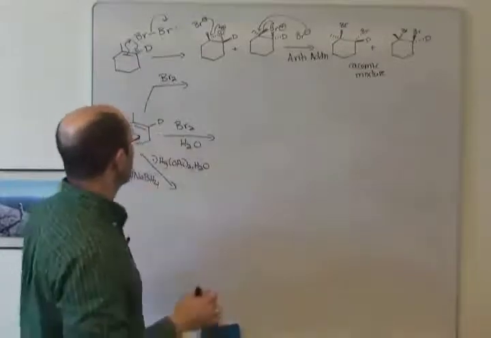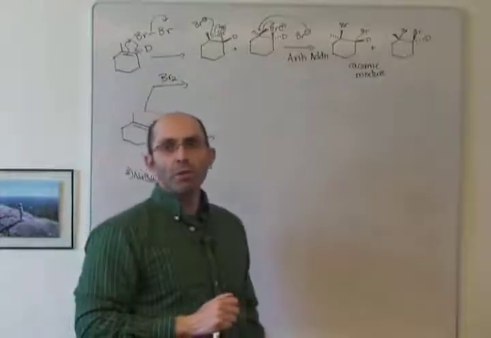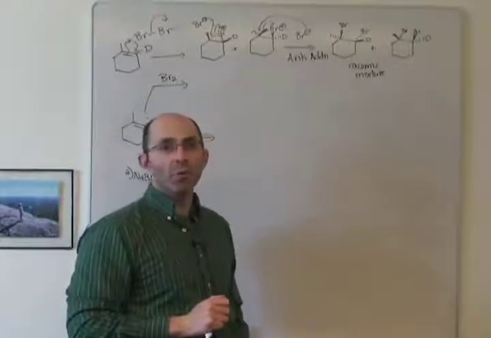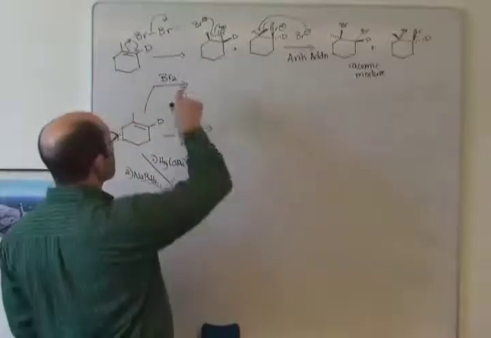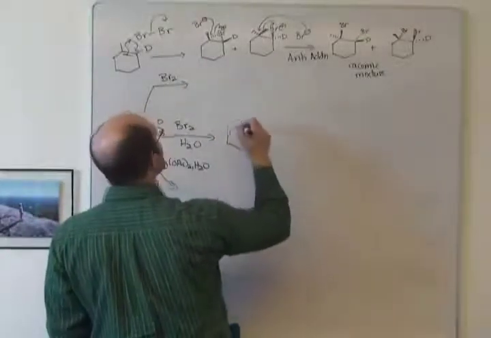Now, when we do this differently, when we have Br2 and water, now we have to start worrying about the regiochemistry. Right? Where is the OH going to add? Where is the bromine going to add? Right? It's going to start out exactly the same, right? So that we end up with the same intermediates.